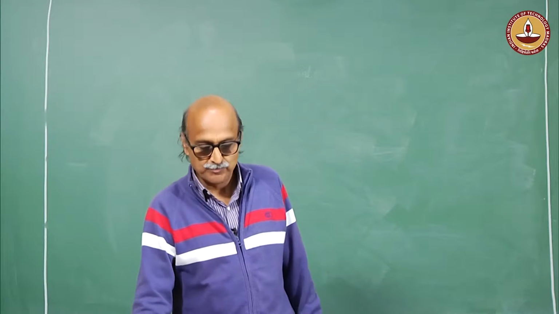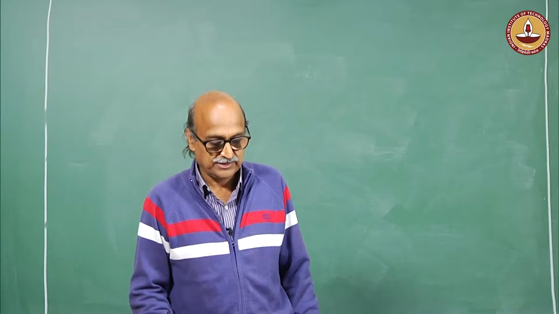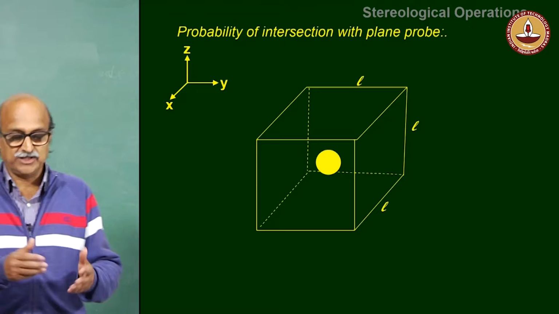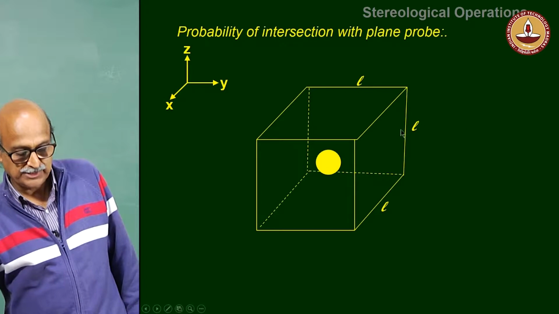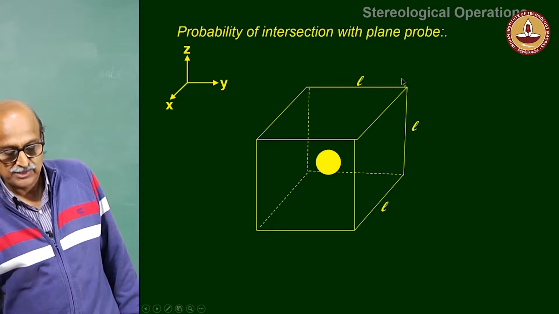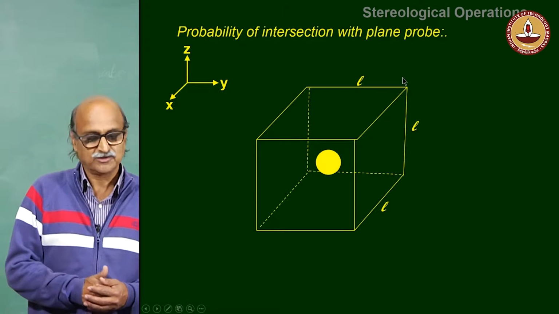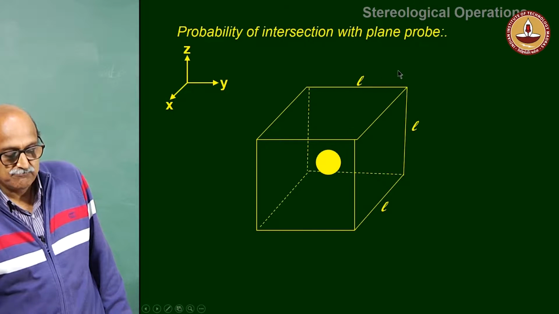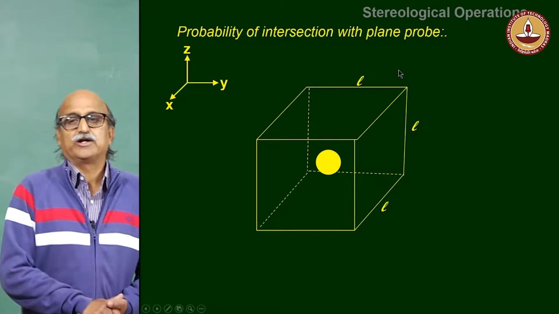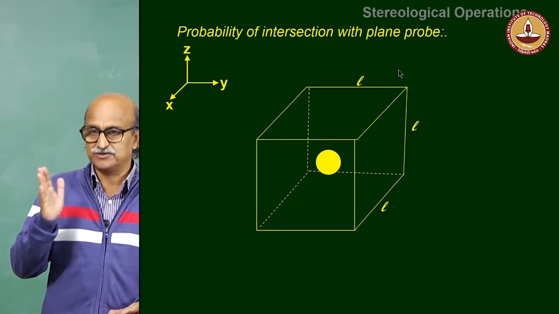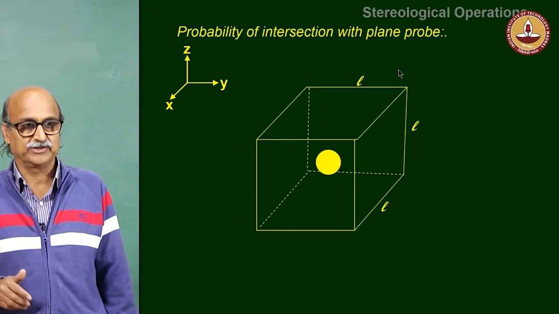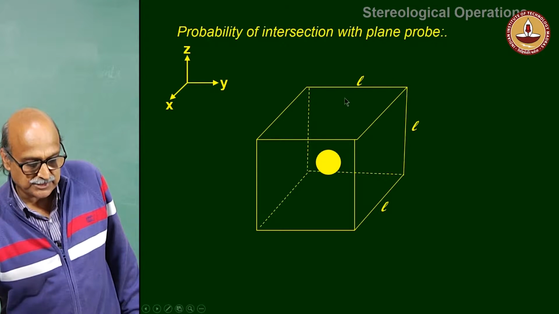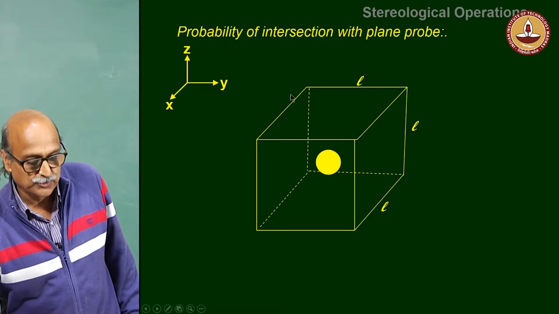Okay, so let us now look at a different probe. Instead of a point probe, consider now a two-dimensional probe, a section. Here I have again a cubic volume, and in this cubic volume I have a spherical object of diameter d. If I want to find out the probability of cutting this particle by a section, a two-dimensional probe, let us keep that probe parallel to the xz plane.